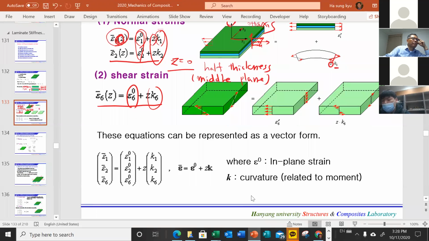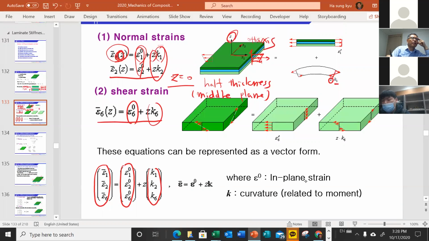Okay, so in matrix form, this is the off-axis strain, this is the uniform strain, and this is the linear term. And each one has a curvature. The reason we have a curvature is that to have a linearly varying strain, we need this kind of curvature.